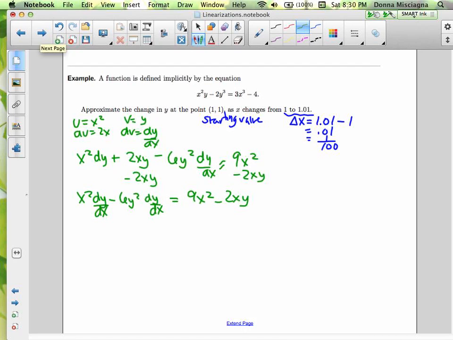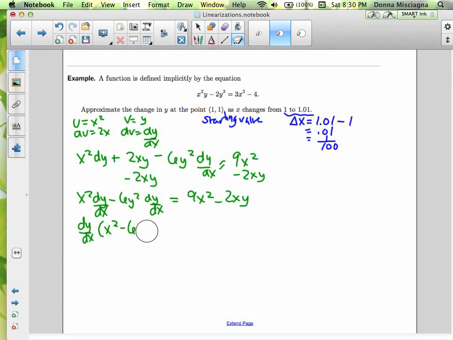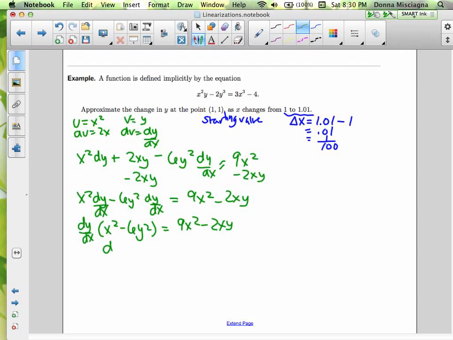We'll factor out the dy dx. And we've got x squared minus 6y squared equals 9x squared minus 2xy. Then divide both sides by x squared minus 6y squared. That gives us 9x squared minus 2xy divided by x squared minus 6y squared.